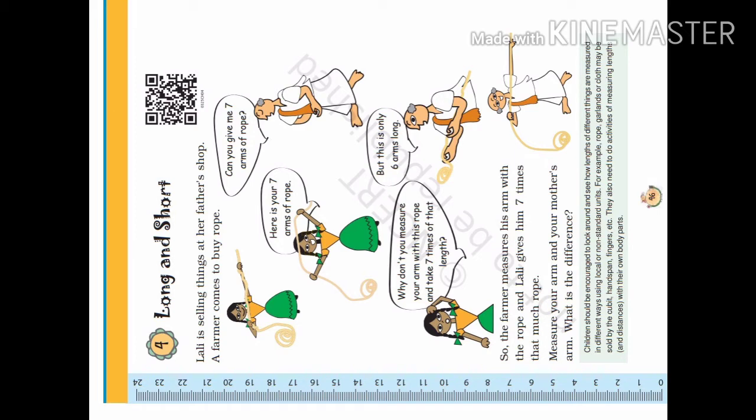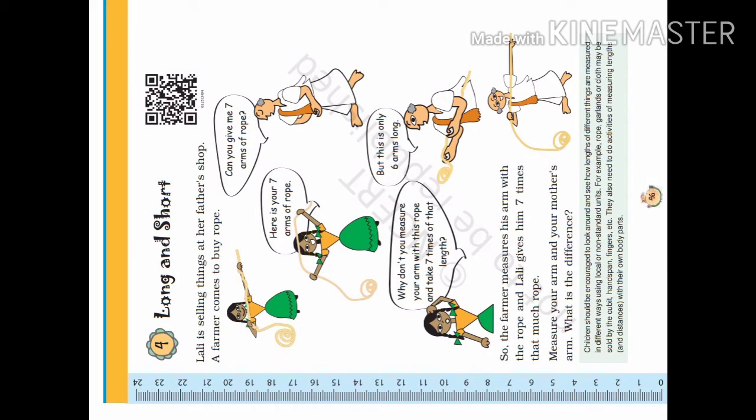So if he has to buy something, let's say a rope, according to the length of his height, he will get a longer rope compared to your height, right? If you measure the rope from your height and take it 2 times, it will be shorter than the rope measured 2 times from your father's height. So that is why they started using measuring instruments to measure anything.